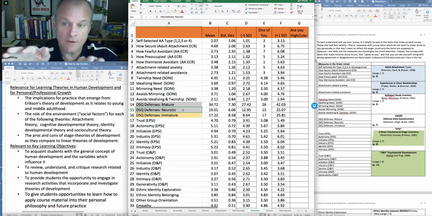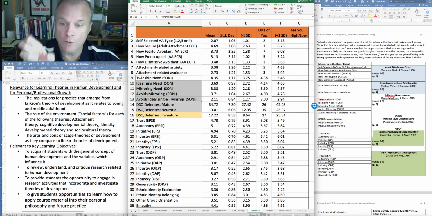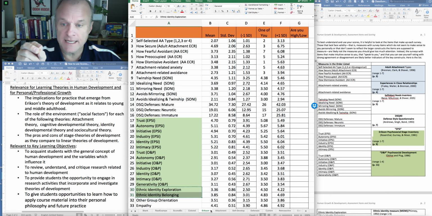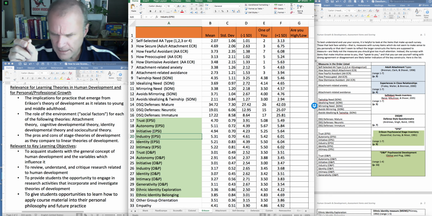Neurotic defenses are about guilt. Immature defenses are about shame and doubt, right? And shame is the core construct of poor self-development. Neurotic guilt reflects failures in the period of development that is reflected in Erikson's stages of initiative.